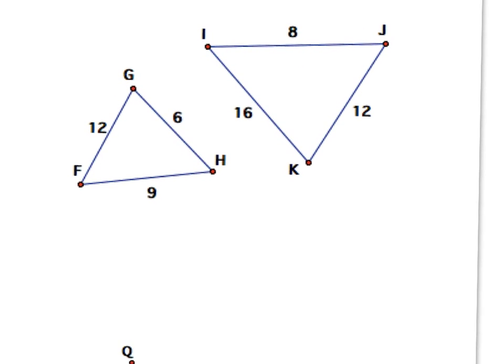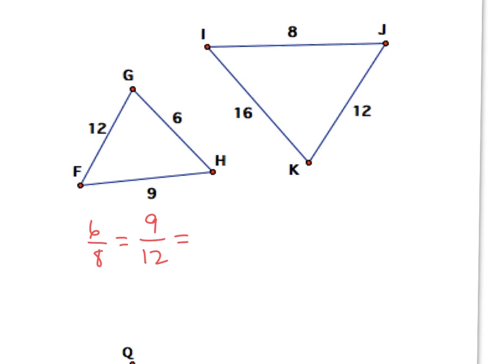All right, so this one. Did they give us angles? No. So if they didn't give us angles, angle is out, and side is out. Now really the only thing you have to show is whether or not it's SSS. Reminder, if you're going to do SSS, smallest number goes with smallest number. The smallest number on the left is 6. What's the smallest number on the right? 8. Is that equal to the middle number 9 and the middle number 12?